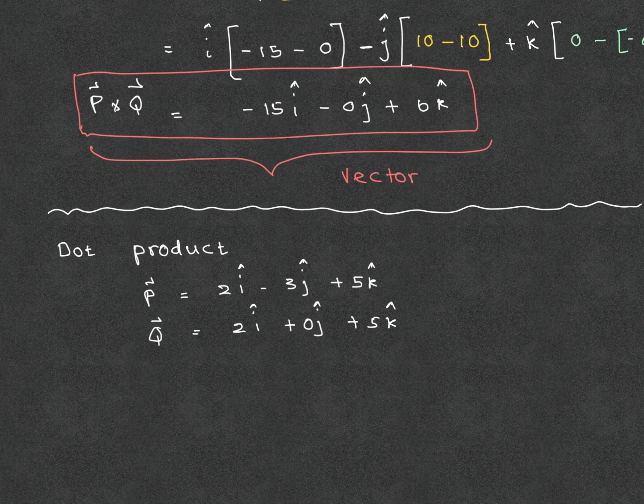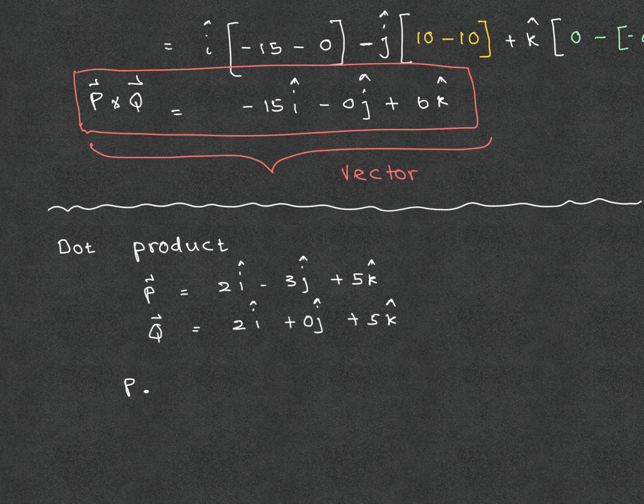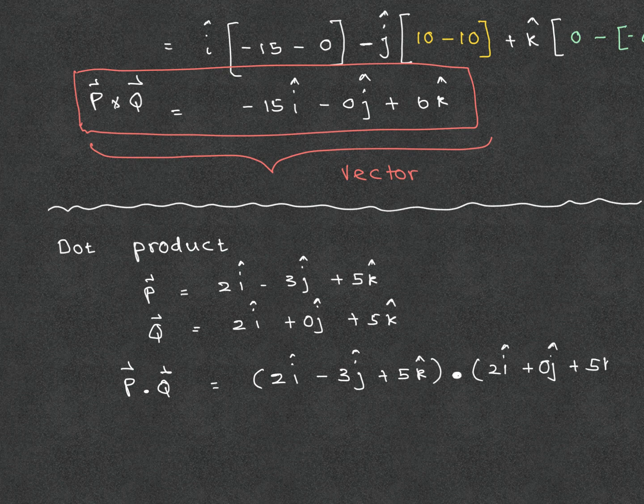So that's Q. Now when you take the dot product, here we go, P and Q, you can write it down as 2 i hat minus 3 j hat plus 5 k hat dot 2 i hat plus 0 j hat plus 5 k hat.